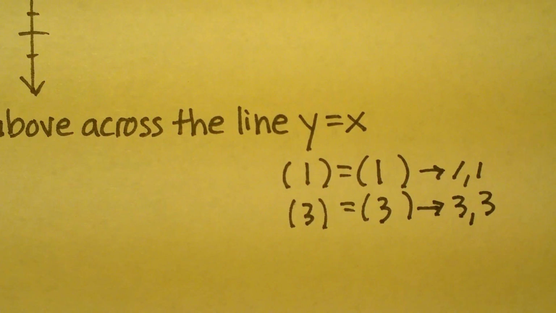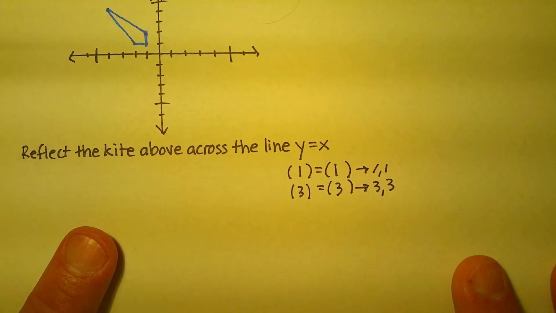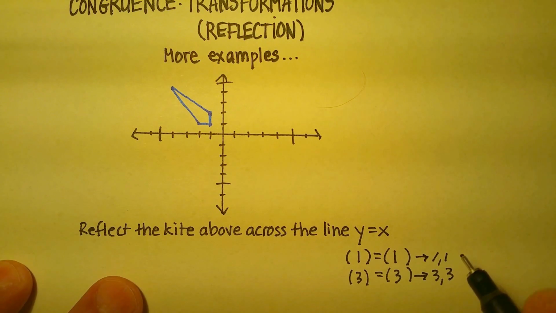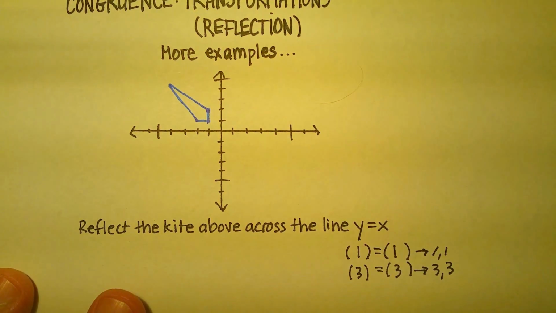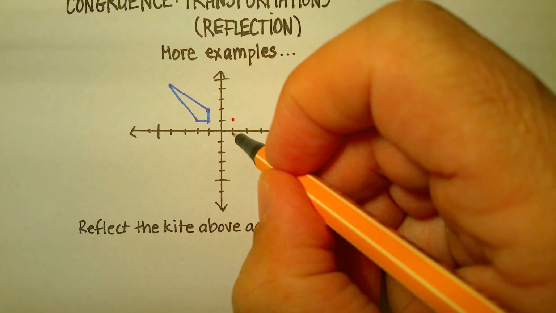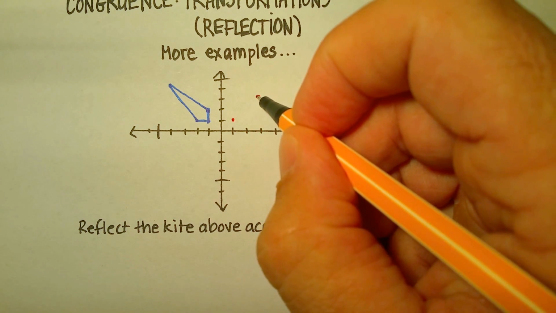Now let's go back to our xy axis in the problem above and find out where (1, 1) and (3, 3) are. (1, 1) would be right there. (3, 3) would be 1, 2, 3 along the x and 1, 2, 3 along the y.